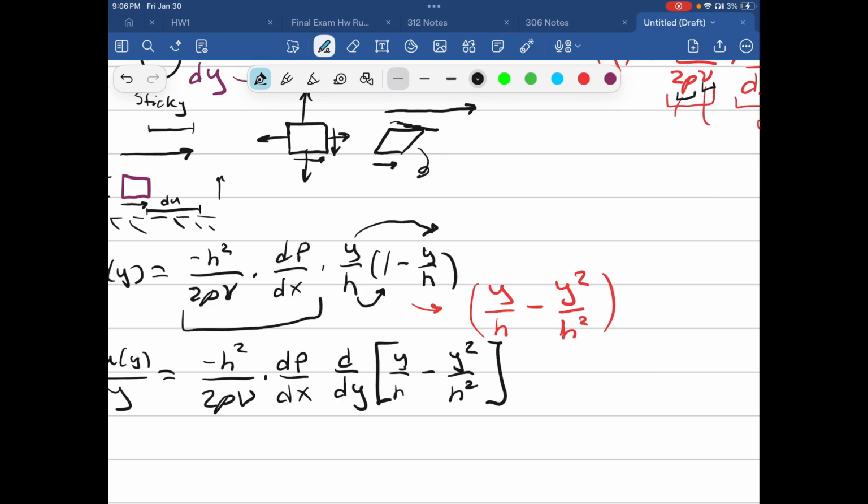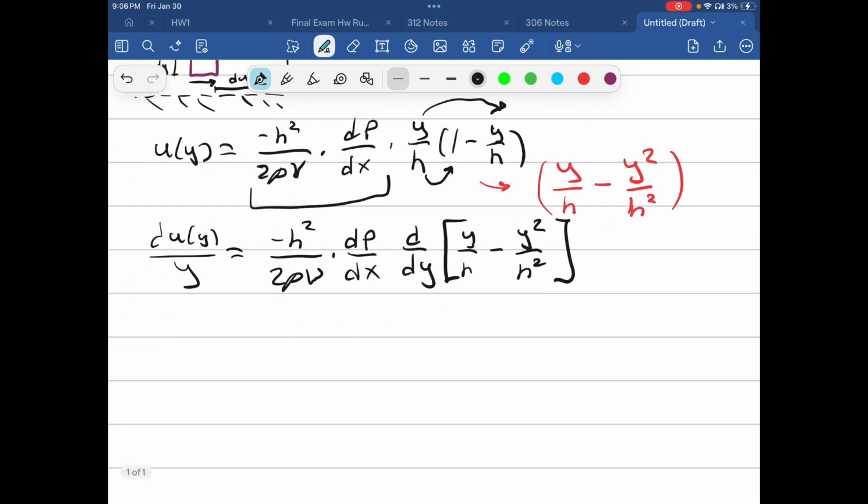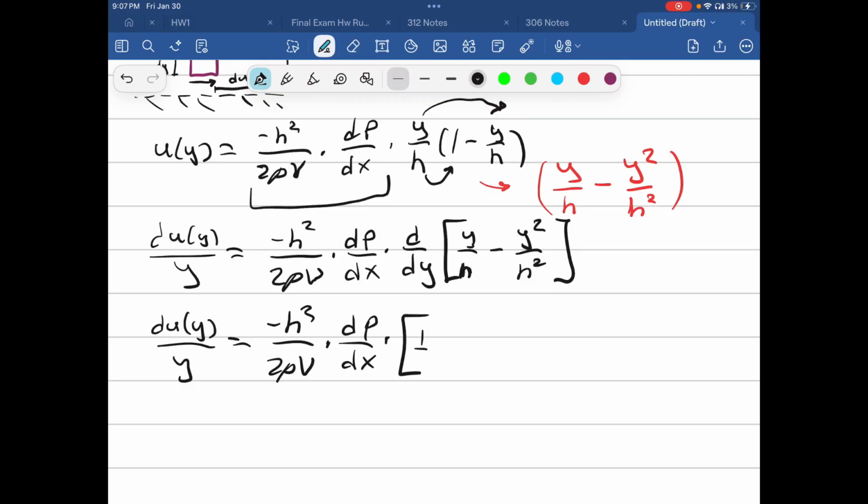Now we take our derivative with respect to y. Let's write in our steps. Times dp dx, times, let's see, we have 1 over h here minus, we bring the 2 down, so then we have 2y over h squared.